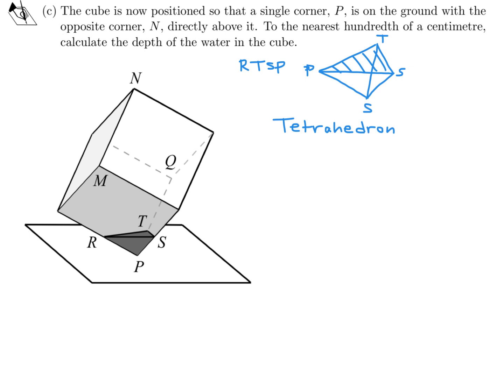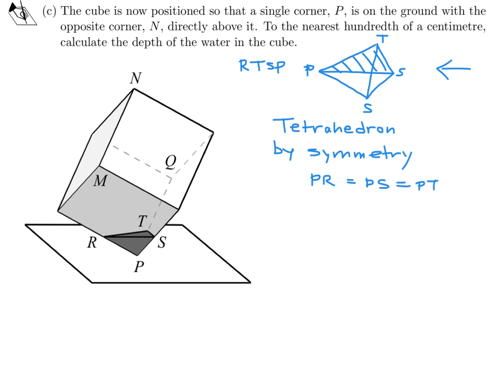Okay, so the first thing I must convince you is that in this tetrahedron that is in that diagram that I've also drawn up here, by symmetry, there's a few things that will be very helpful. And the first thing is that the sides are the same. So PR is equal to PS is equal to PT.